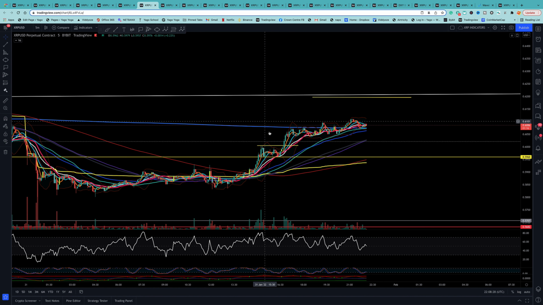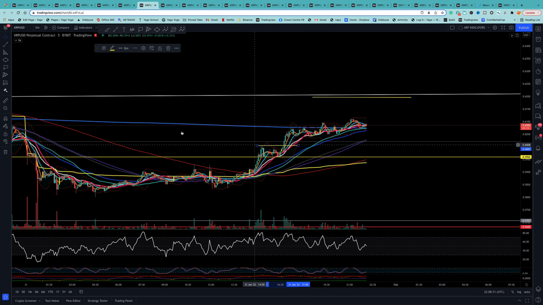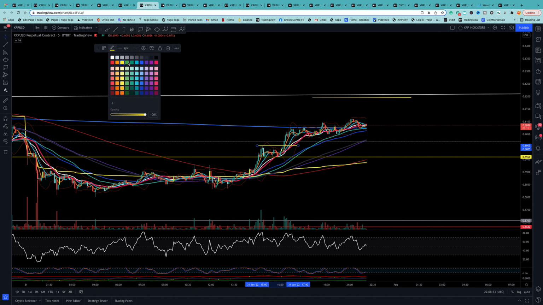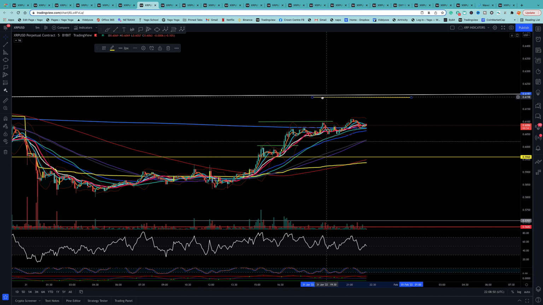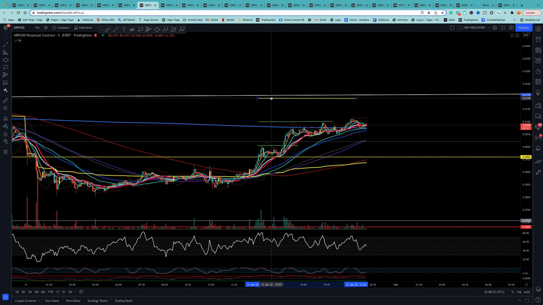Your entry point was here, let's mark that in green. Your entry point was 60, price action's at 62. Now your entry point is 61. Generally it's about 50%. So you've now got an extra cent on your entry point, and price action is up here.